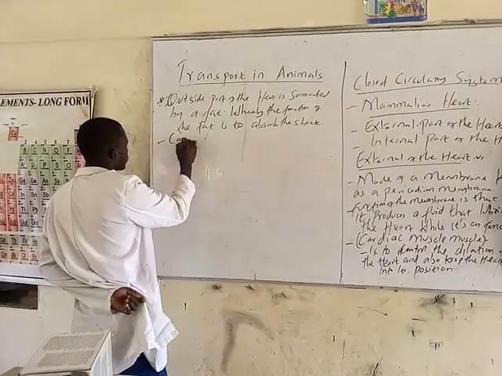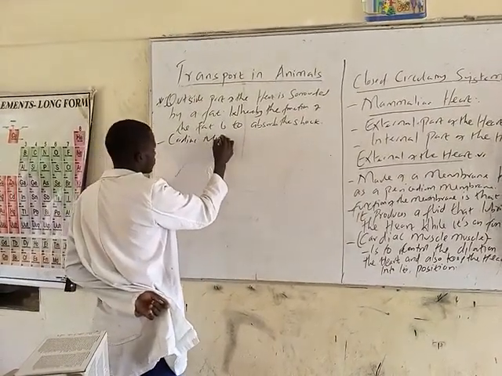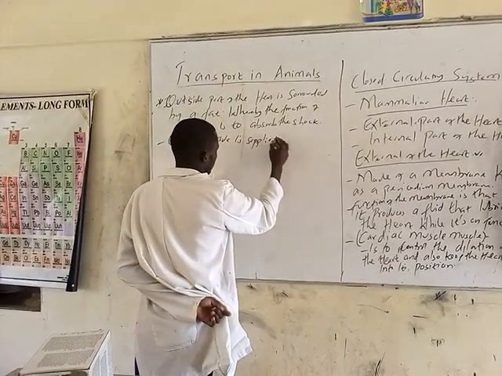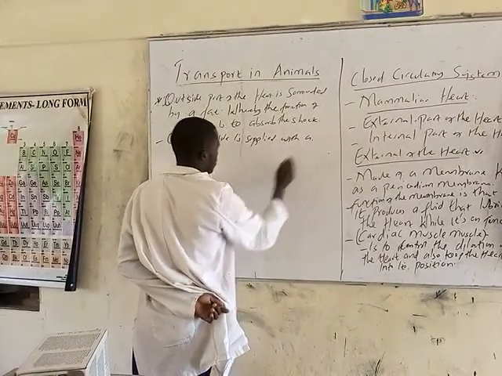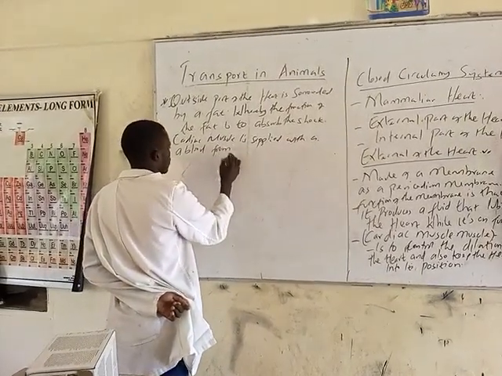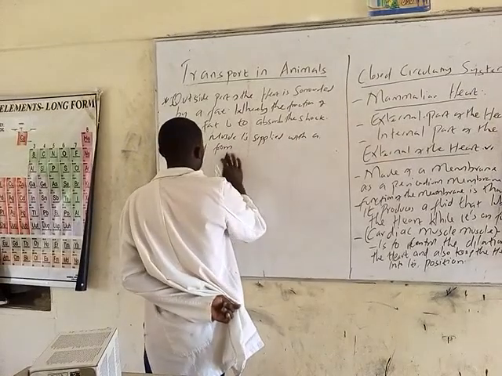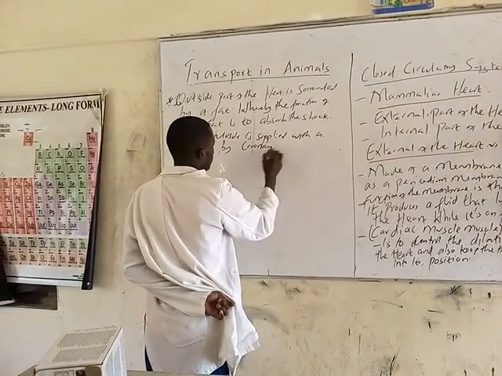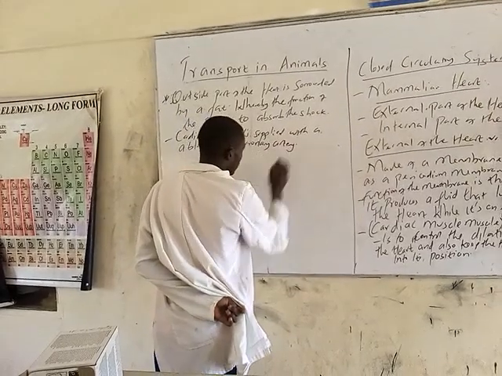The cardiac muscle is supplied with blood by the coronary artery.